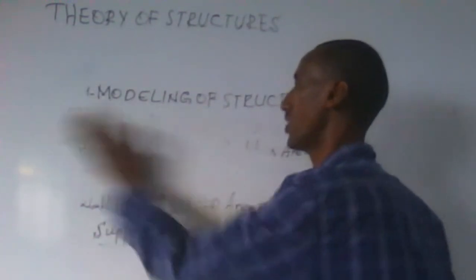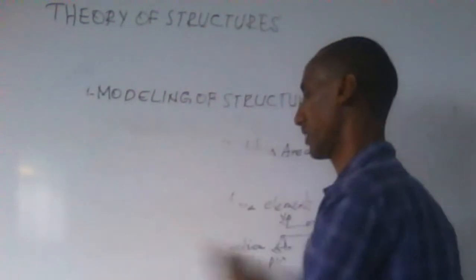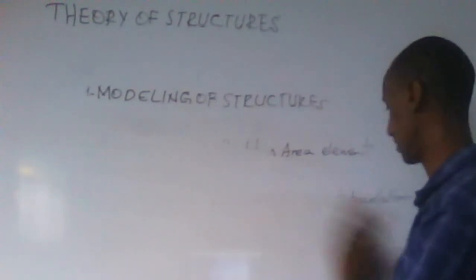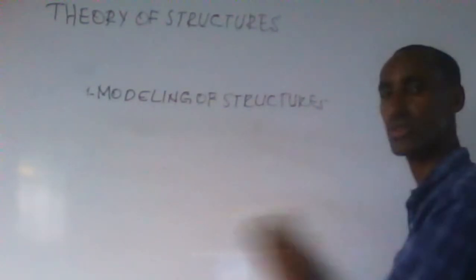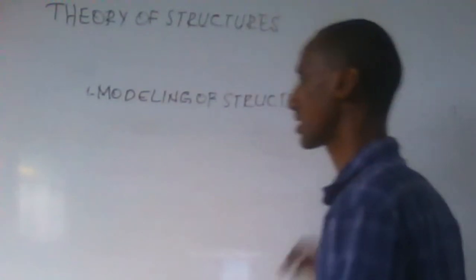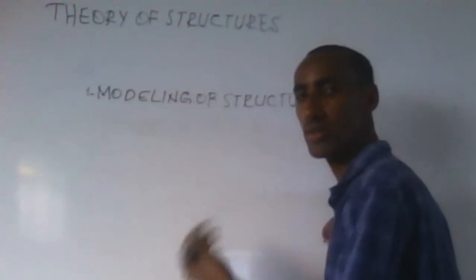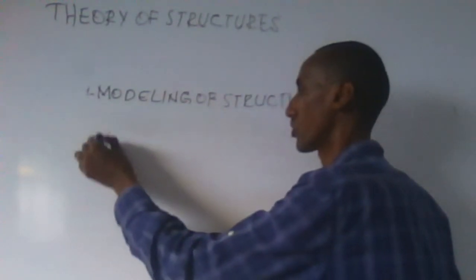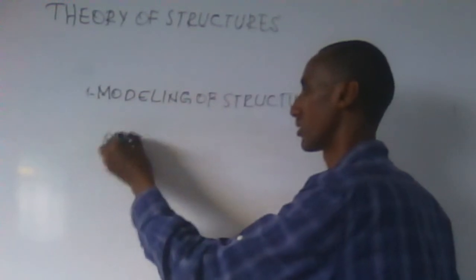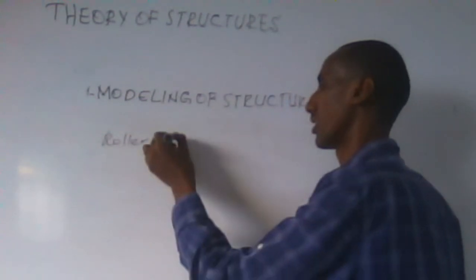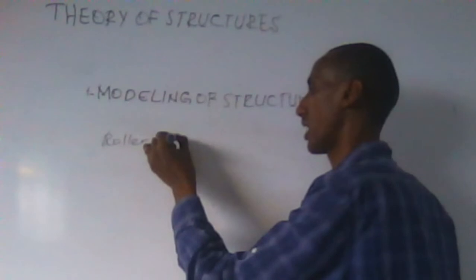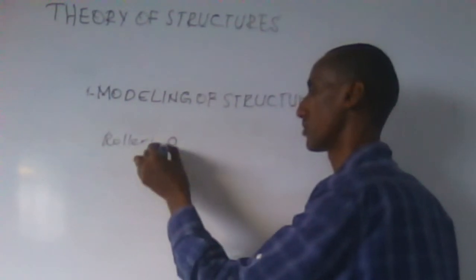The only difference between roller and pin type of connection is that when it is roller connection, translation along one of the directions is allowed. So roller is represented like this, as a ball.